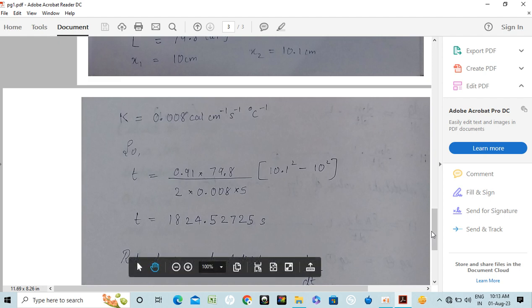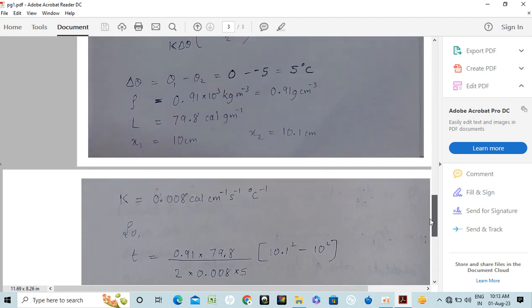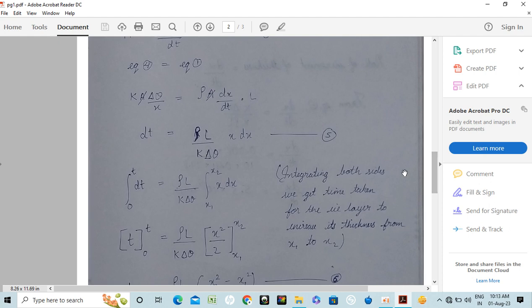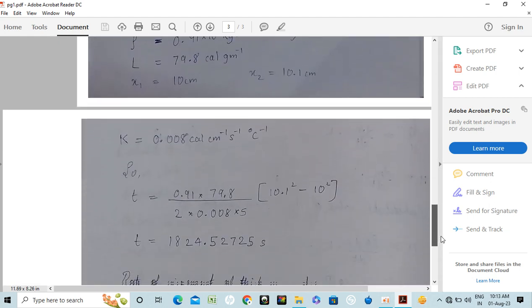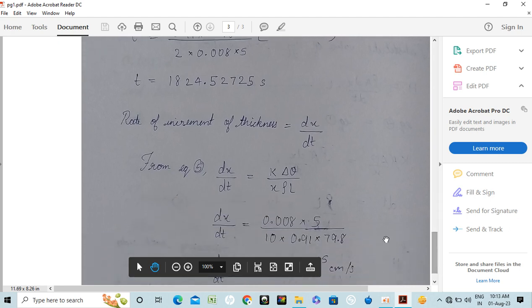Now the rate of increment of thickness is given by dx by dt. Now from our equation 5, what was our equation 5? This was our equation 5. On rearranging this equation 5, we can write dx by dt equals K delta theta by x rho L. Now on substituting the values, K's value is 0.008, delta theta is 5, x is our thickness 10, and density is 0.91 into 79.8.